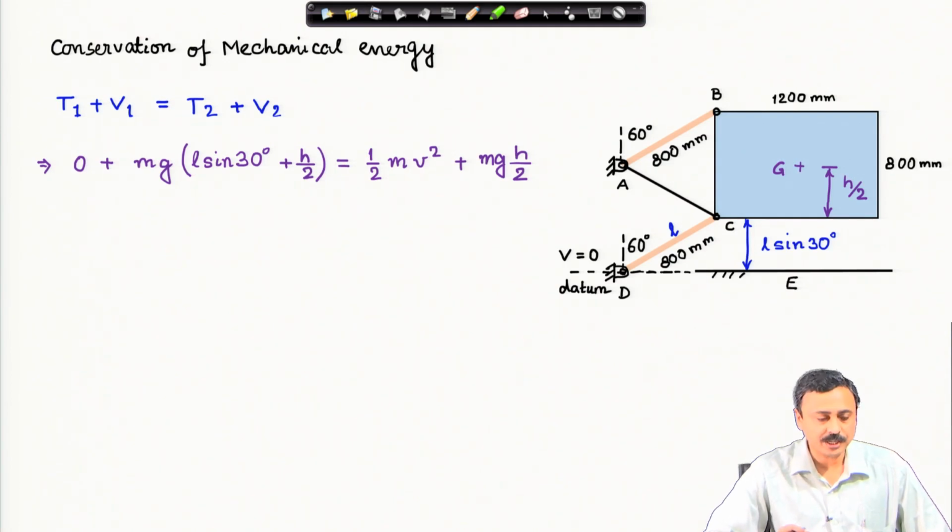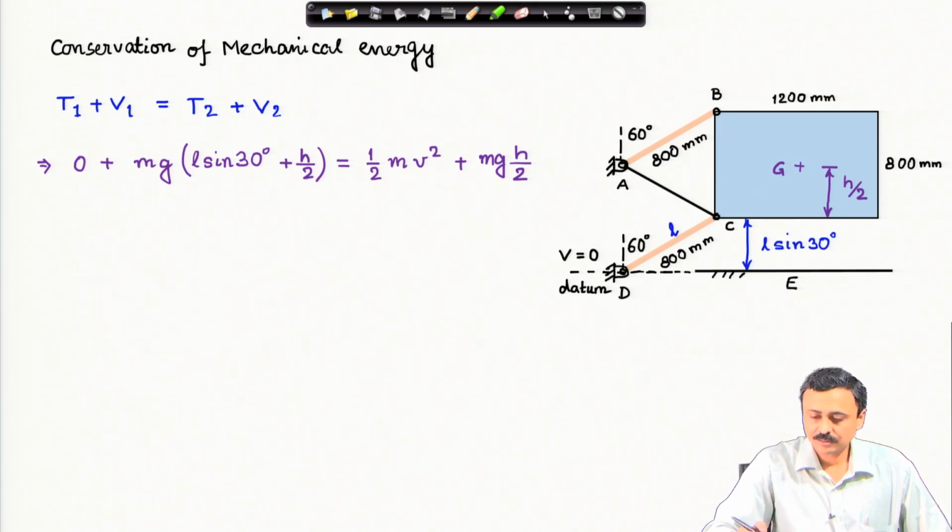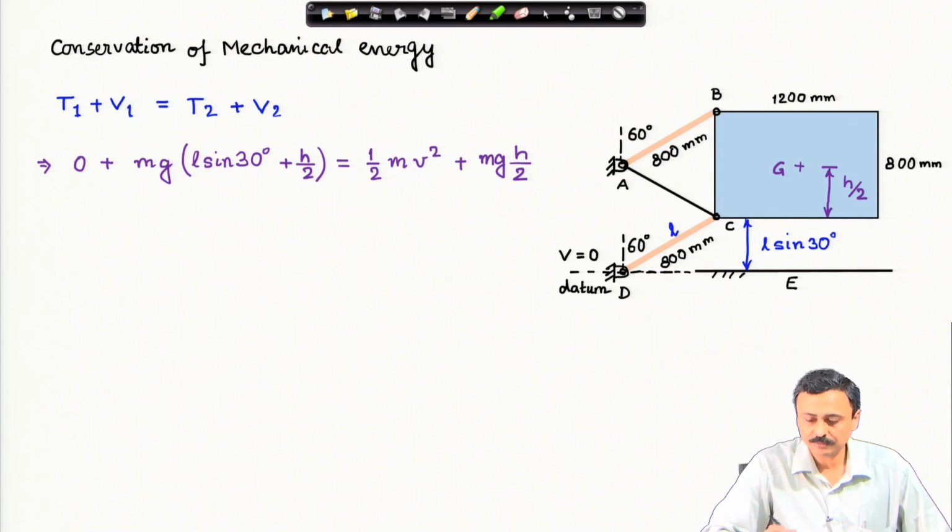The initial potential energy, which is V1, is measured from the datum. The datum I have shown here, the ground is the datum, and you can easily see that mgh, with h the height of the center of mass from the datum, is L sin 30 degree plus h by 2.